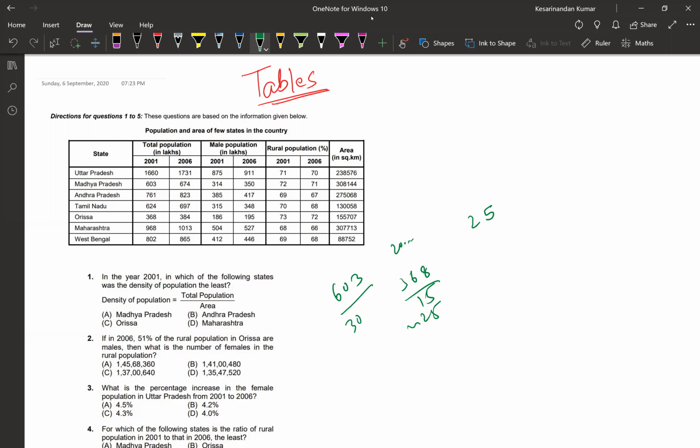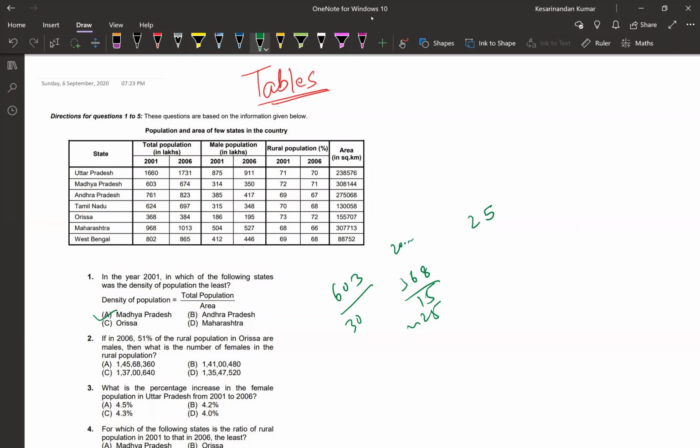Read the question again. It's the least density. Least is Madhya Pradesh. Exactly. This is what you will be doing orally. You are not to use calculators. Okay. Got it clear? What will be the method that you will be using?